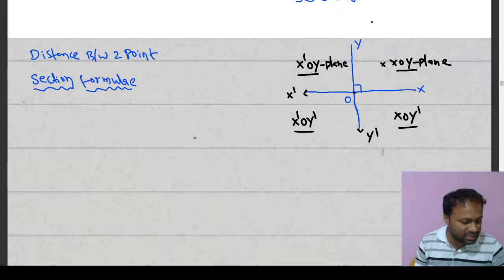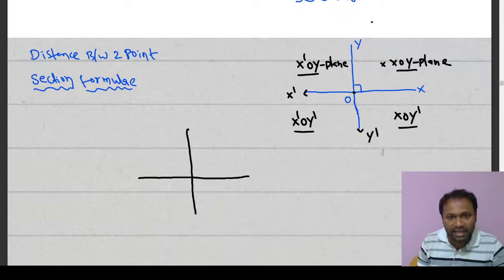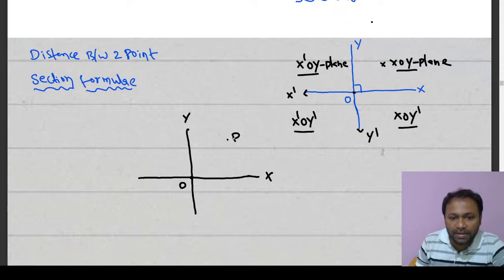I will see at once the point in the coordinate plane, how it will be. Suppose I will take x-axis and y-axis, and this is called origin, that is O. Suppose P is a point in the plane which is at the distance, this distance is x, and the distance is y.